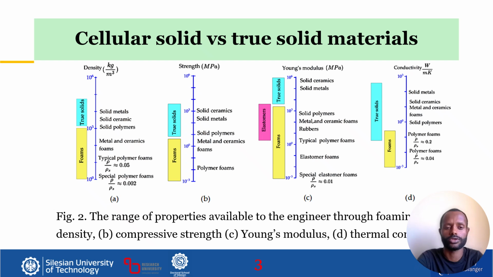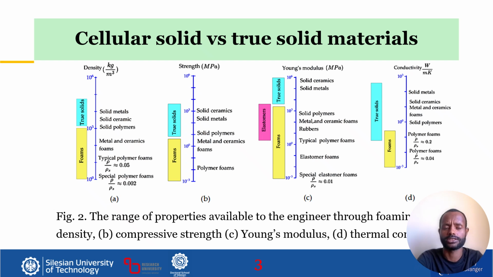So researchers are also working in this area in order to improve the tensile as well as compressive strength. Sometimes they use additives like graphene or other nanomaterials, nanoparticles. But still the strength of this material is not improved very well. So this is the area on which researchers are working at present.